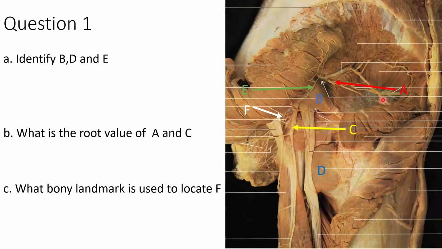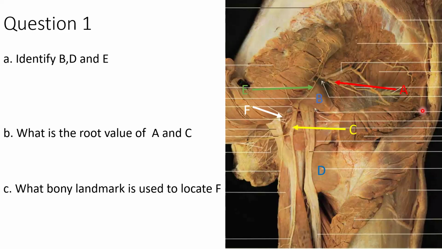So it supplies the two, and also terminates in the body of tensor fascia lata, which it also supplies. So what is the root value of superior gluteal nerve? You've correctly said L4, L5, S1. And the posterior femorocutaneous nerve is S1, S2, and S3. And yes, you should know the root values of these nerves.